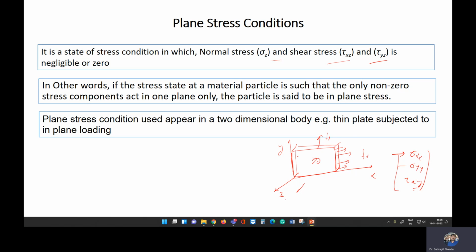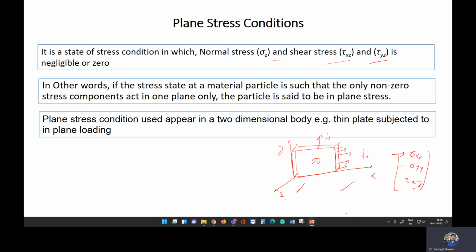Since the stress acting out of plane is significantly lower, we consider it as zero. So basically, the state of plane stress is one condition in which we have stress acting in one particular plane, and the out-of-plane stresses are assumed to be zero.